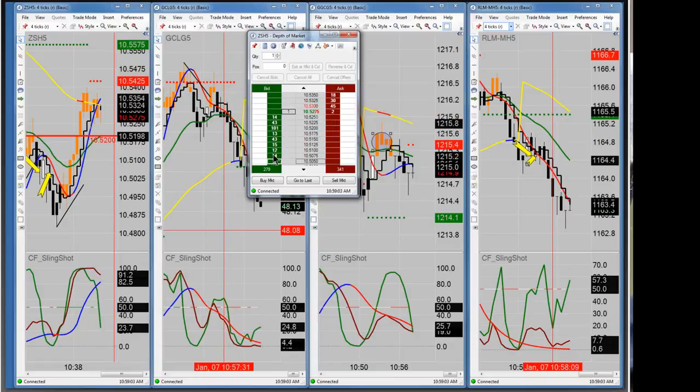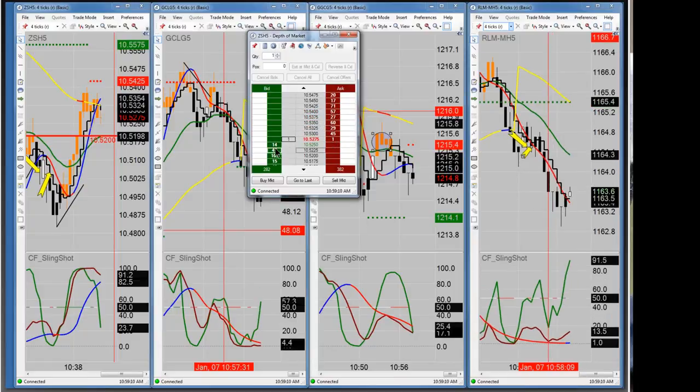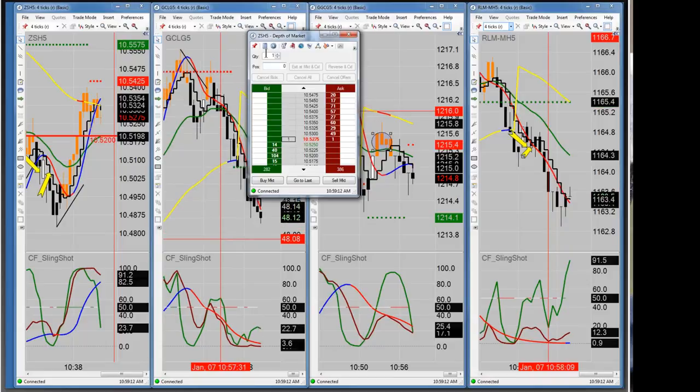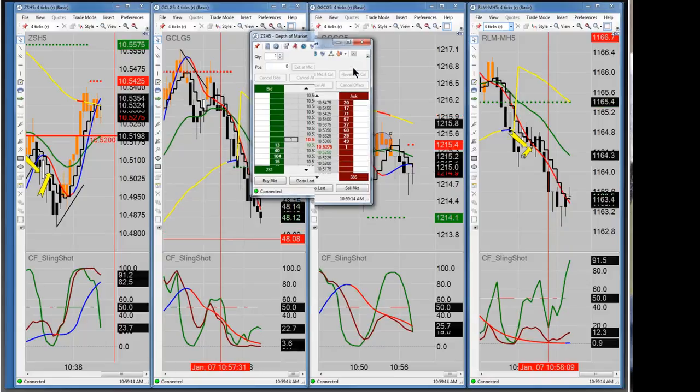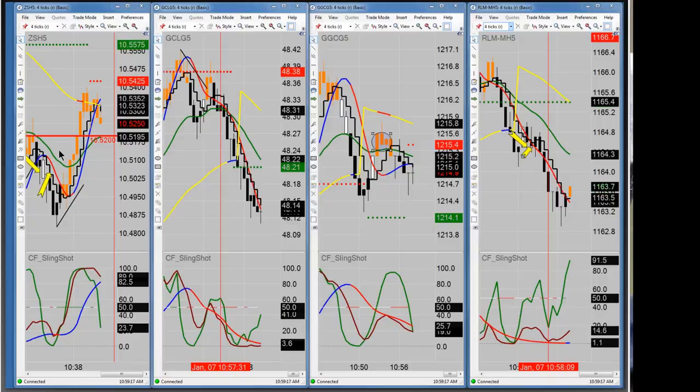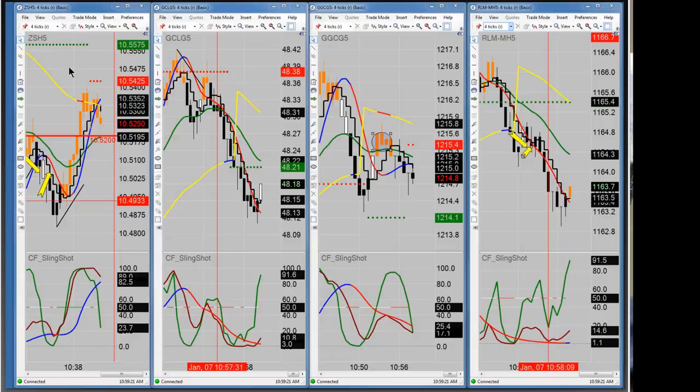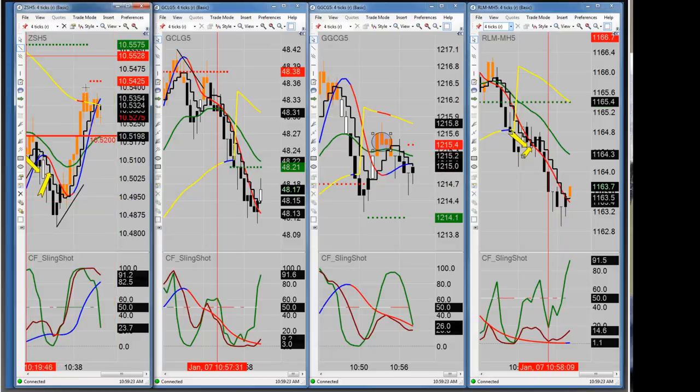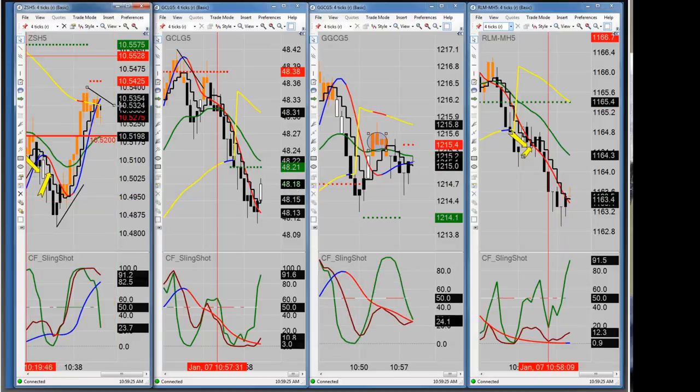Okay, that's what you're looking at here. Now, they're the same. They all should show the same thing. The Ninja one and DT Pro. It's depth of market. Okay, you don't have to use it.